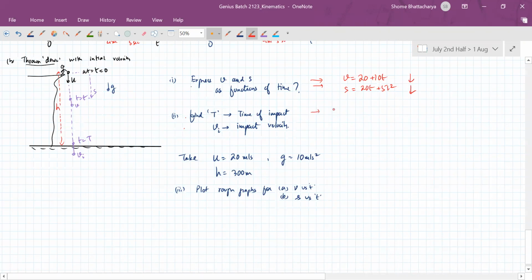You should be getting t as 6 seconds. And the final impact velocity as 60 meters per second. Oh, sorry, as 80 meters per second. There's initial velocity.